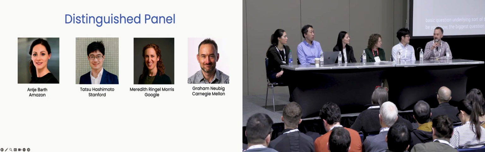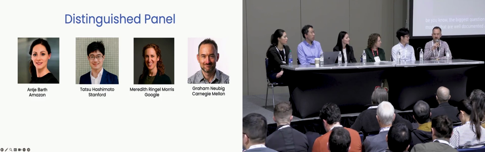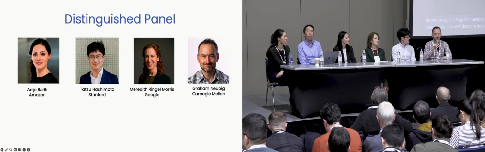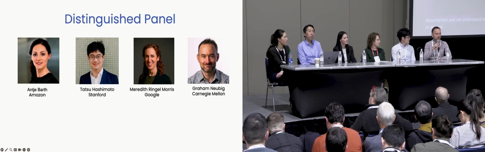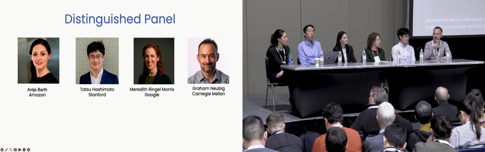I'm excited by people working on open source models that are well documented and we understand everything that went into them. And I think this is good in general, just because we'd like to know what's going into our models. But I think it's also good because it enables research that we're not able to do with these opaque models.